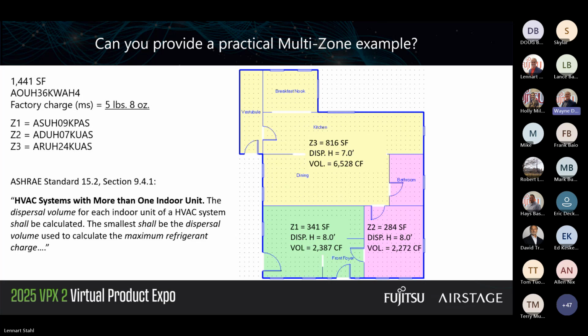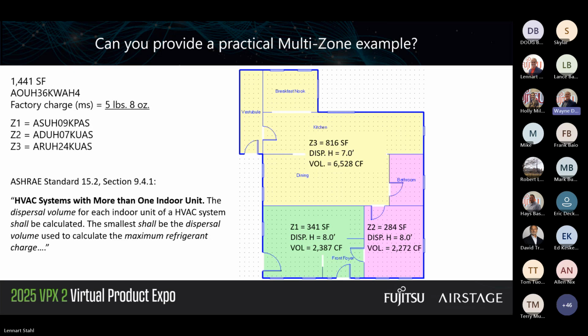But if you look at the bottom paragraph, an excerpt from standard 15.2, the reason I'm selecting a multi-zone system for this example is, this is going to be about as hard as it gets. If you can understand this, you'll have no problem with the single zone systems. So this is a worst case scenario where, as Leonard mentioned, you could have a larger capacity unit that could potentially release its entire refrigerant charge into the smallest zone.